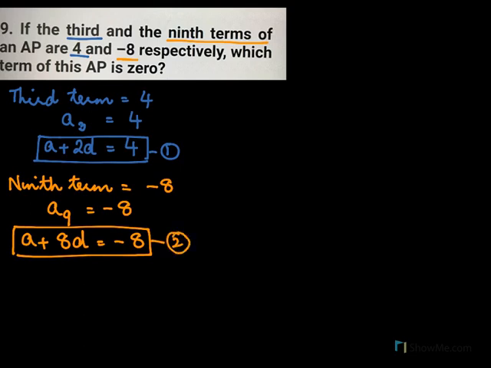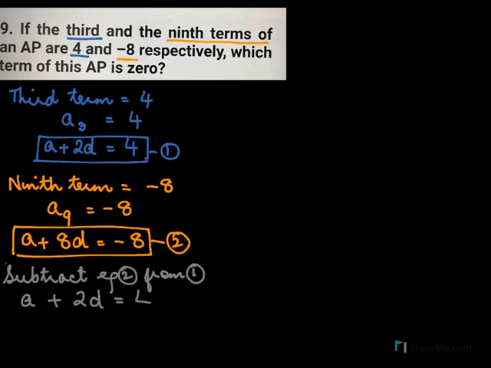So now I'm going to subtract equation 2 from 1. So we have a plus 2d equal to 4 and a plus 8d equal to minus 8.